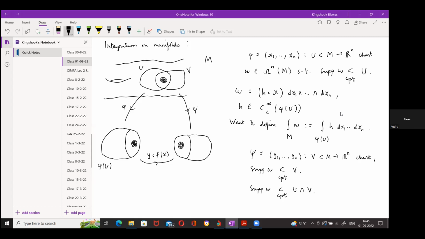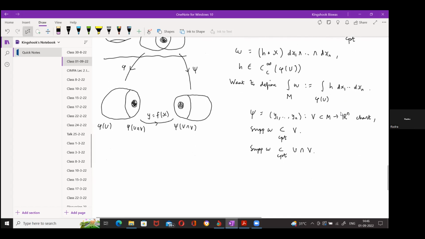This goes from phi of U intersect V to psi of U intersect V. Right? Okay.